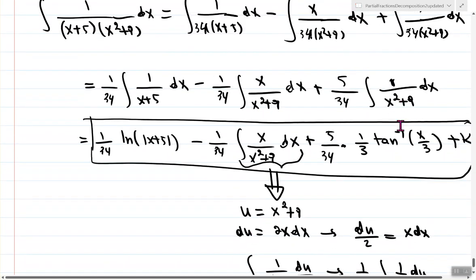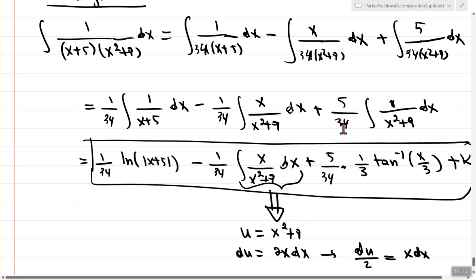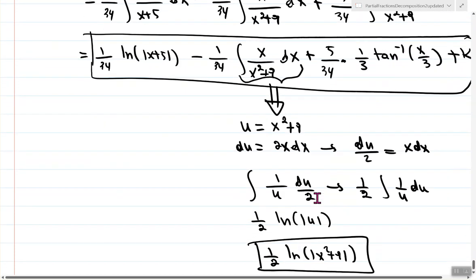The last integral, after bringing 5 over 34 outside, is the integral of 1 over x squared plus 9, which is basically going to be arctangent. So a is 3, so it's going to be 1 over 3 times arctangent of x over 3, which is that. So basically that's case 3, and then we're done for now. Thank you.